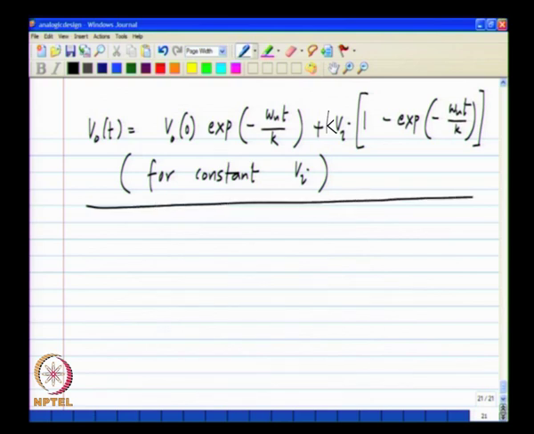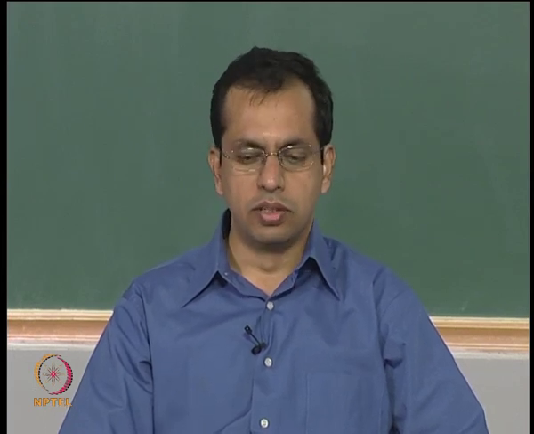In this expression you see that the time constant depends on omega u as well as k. The time constant decides how fast the steady state is reached, and that depends on the speed of integration omega u as well as the gain that you are trying to realize. So, let us quickly look at why this is so.